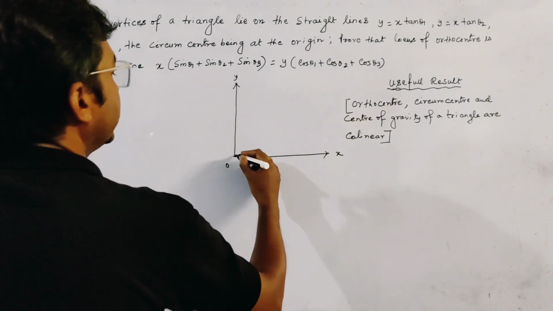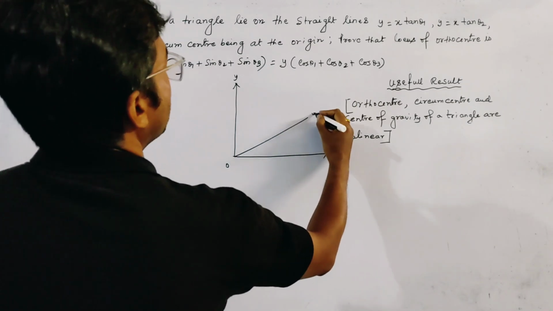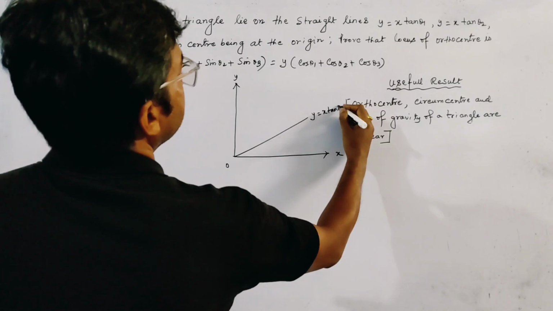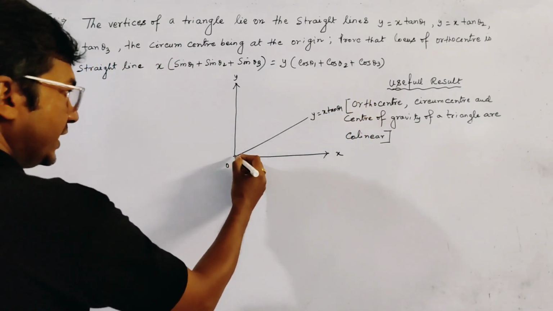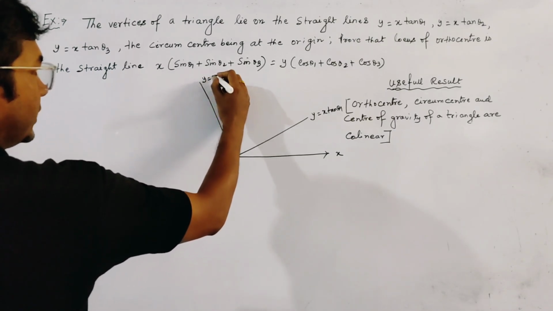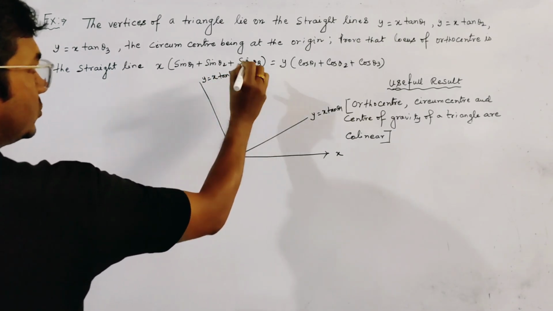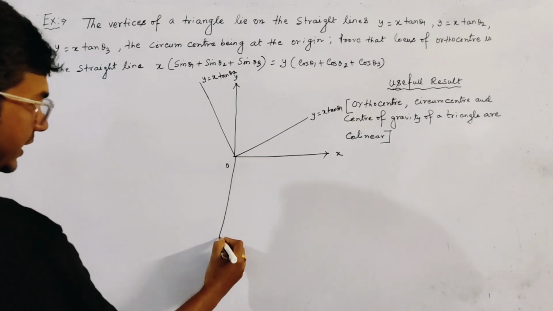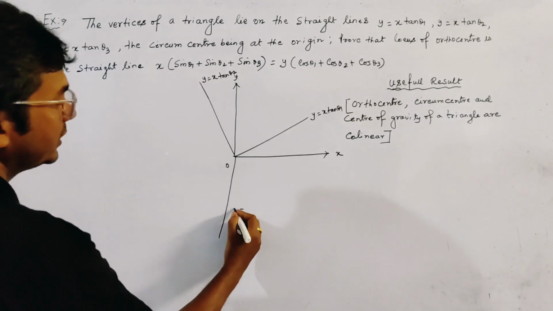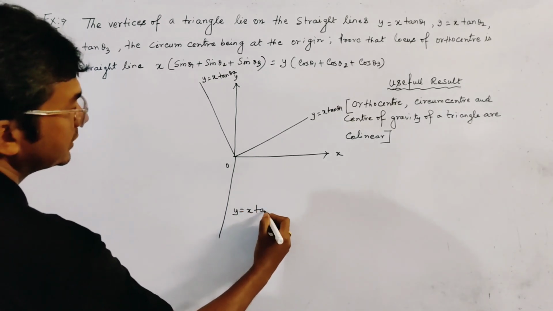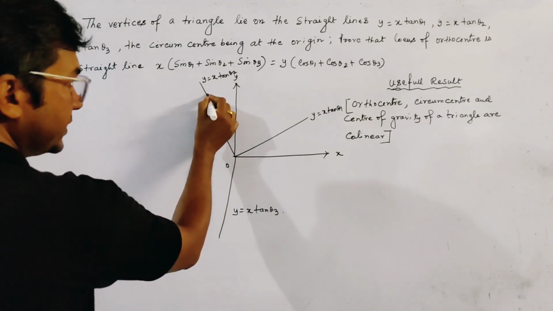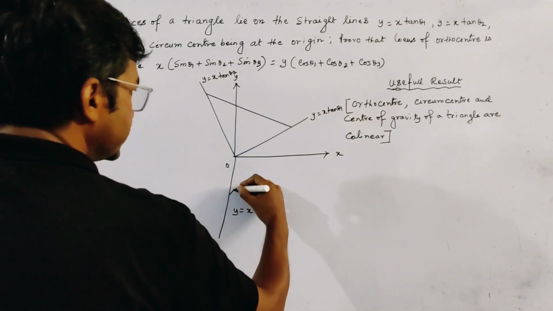Let the first line be y = x tan theta 1, the second line be y = x tan theta 2, and the third line be y = x tan theta 3, and let the triangle be ABC.